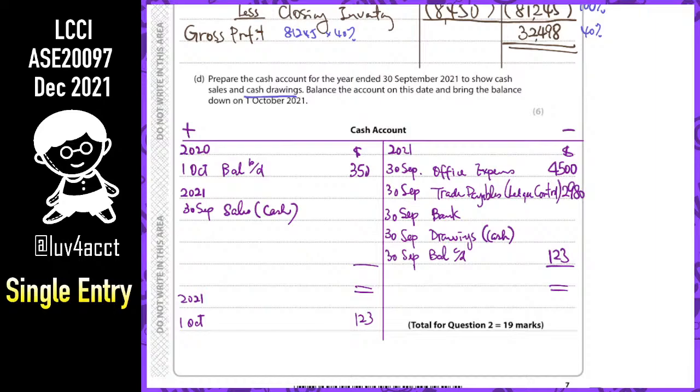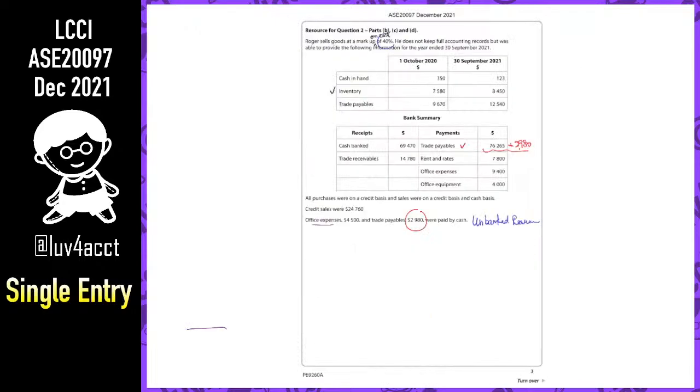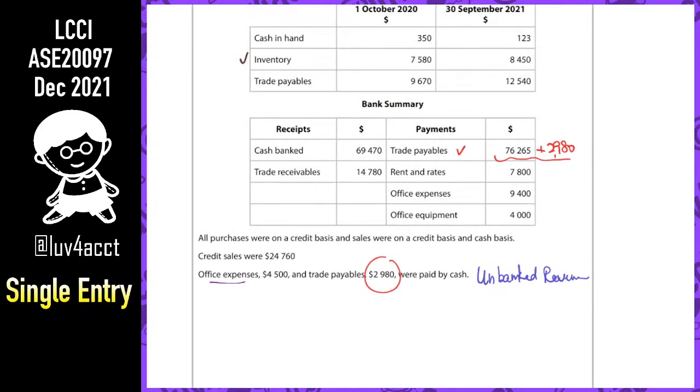Bank, not payment, but cash banked, is given directly, 69470. Let me mark it down. And then you are given credit sales 24760. Why is this important? I will show you. Let me mark down 24760 first.